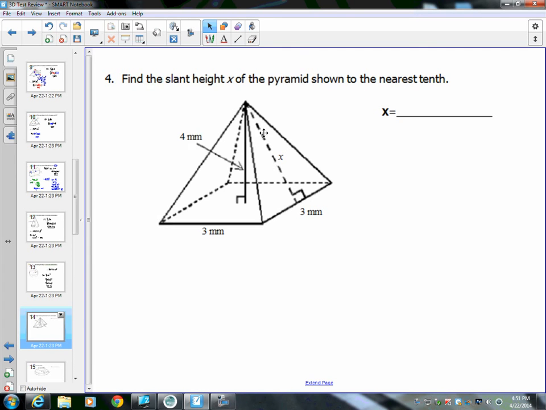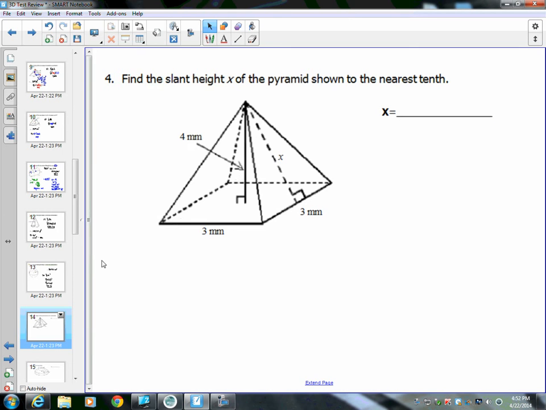Slant height. Well, first we need to think, what kind of equation uses slant height, or L, of a pyramid? If we take a look at the formula chart, we can notice there's a couple of formulas that do use it.